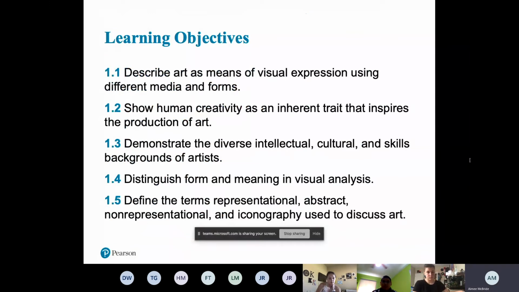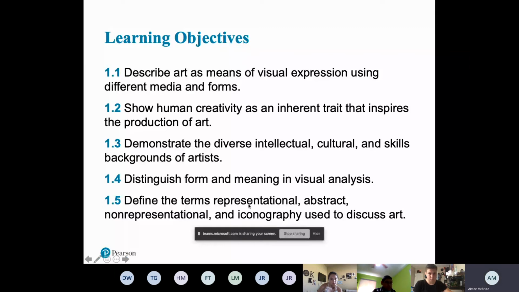You could change it to the question of, can I describe art as a means of visual expression using different media forms? And then if you can answer that question, then chances are you can probably do it. That's how I usually use learning objectives for myself when I'm a student.